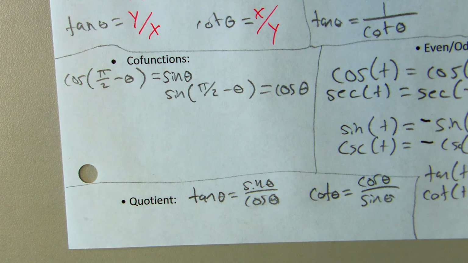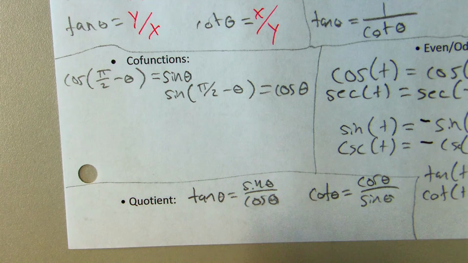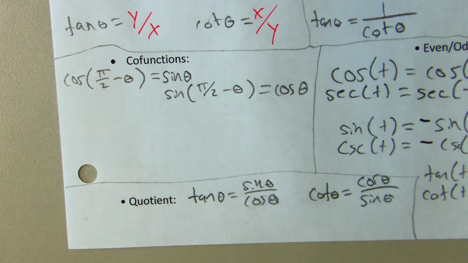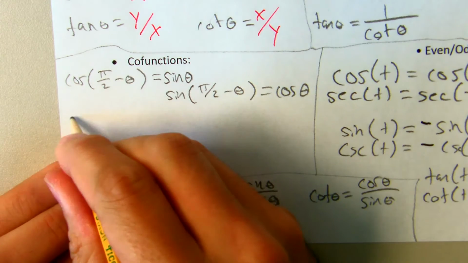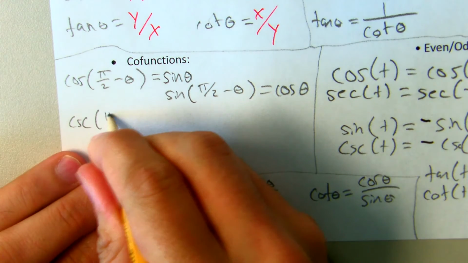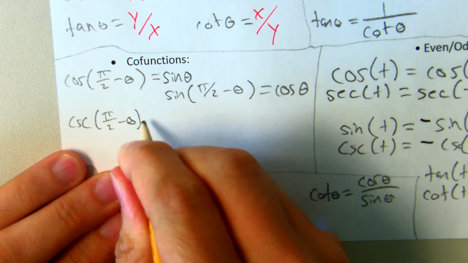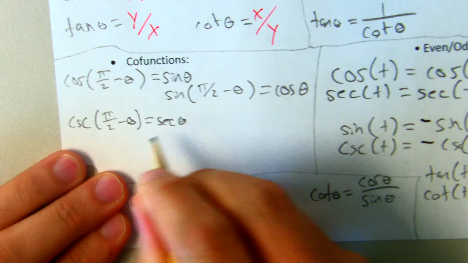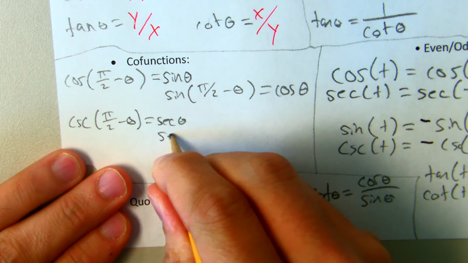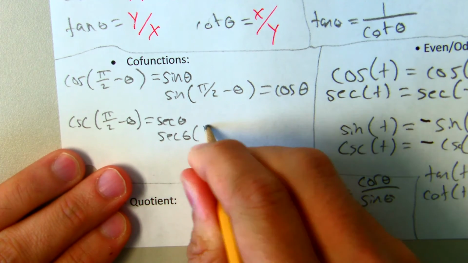So if you took a right angle, subtracted theta, it gives you its cofunction. If that's cosine, you get sine. If you get sine, you get cosine. Okay, so once you know the pattern, you just have to memorize that sine and cosine are cofunctions. Also, cosecant and secant are cofunctions, and it works both ways.